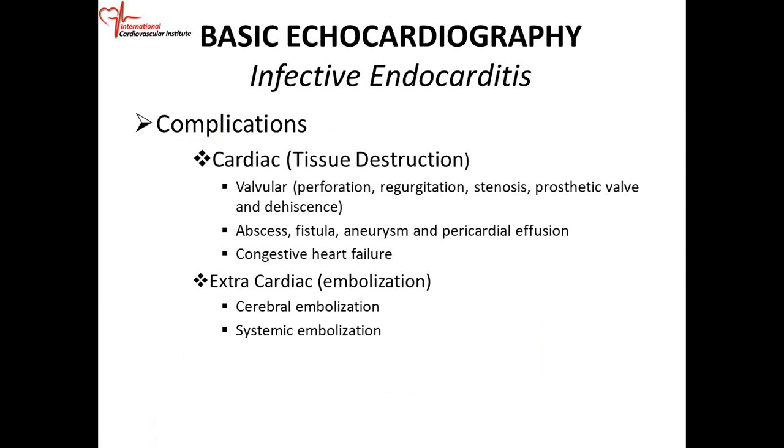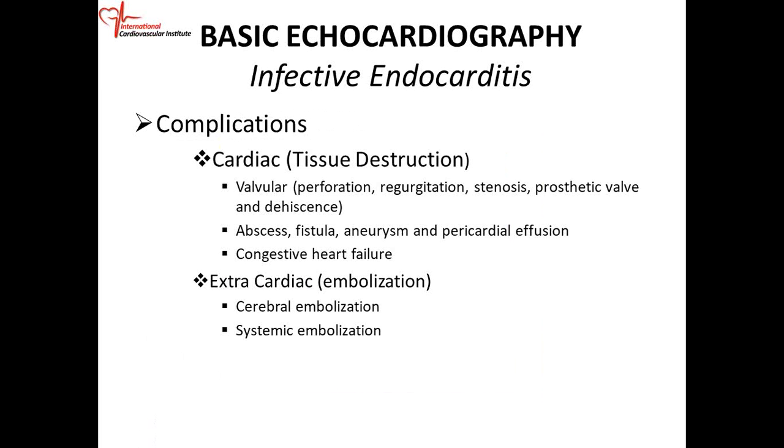The prosthetic valve can be dislodged. Okay? So be aware of that. So prosthetic valve dehiscence. Again, abscess, wherever you have infection, you can have abscess, fistula, aneurysm, pericardial effusion, heart failure. If you have, say, significant regurgitation, you can get heart failure.